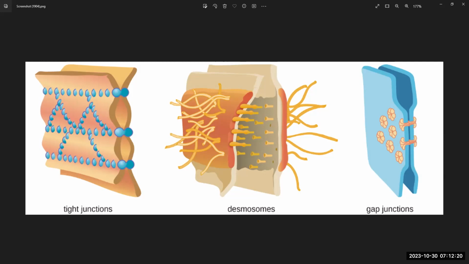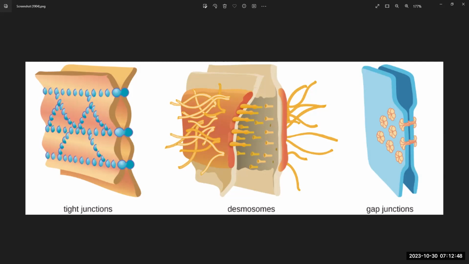Now, if you look at the first one, that is a tight junction, the cells are very, very closely packed. Invading microbes attempt to break down these junctions chemically using enzymes such as protease, which can cause structural damage, thereby creating a point of entry for the pathogens or disease causing germs.